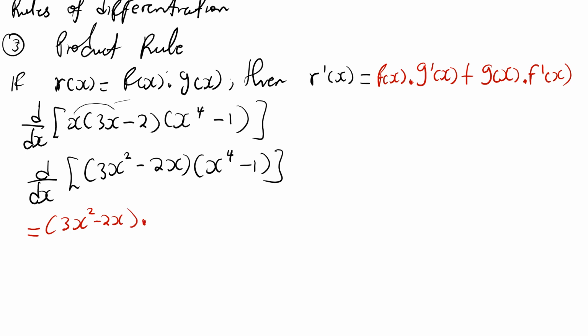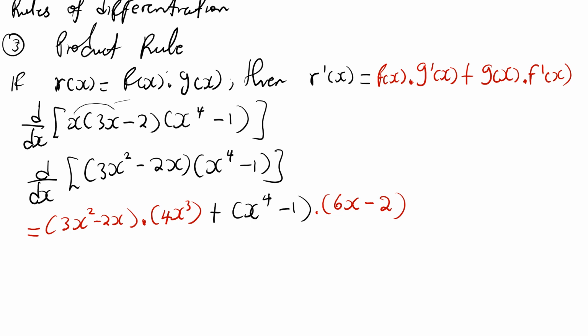It will give us 4x cubed. Plus we keep the second function, it is x to the exponent 4 minus 1. Then we multiply with the derivative of the first function. We are going to get 6x minus 2 if we differentiate the first function.